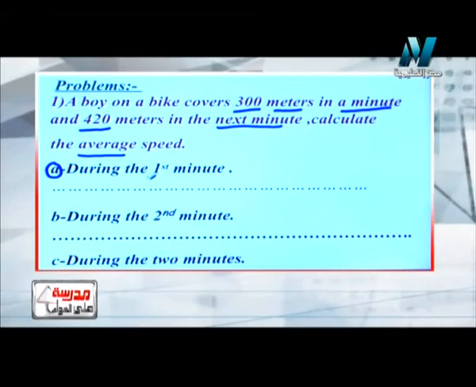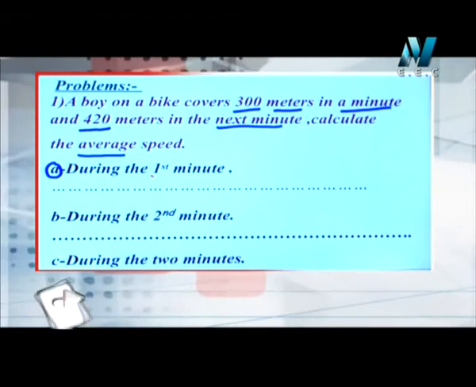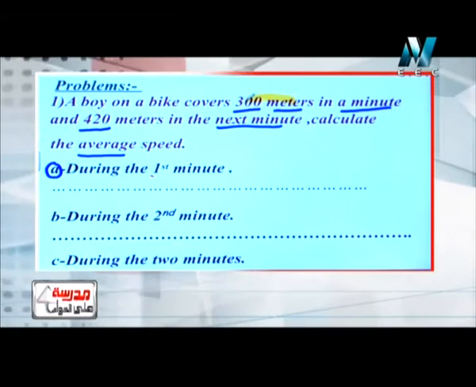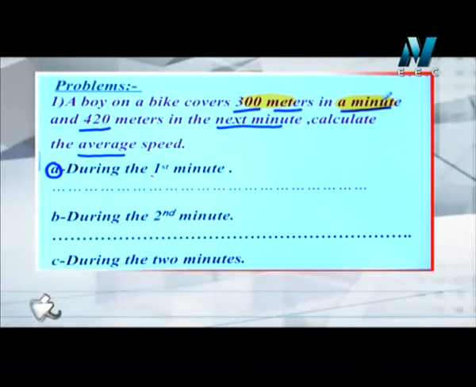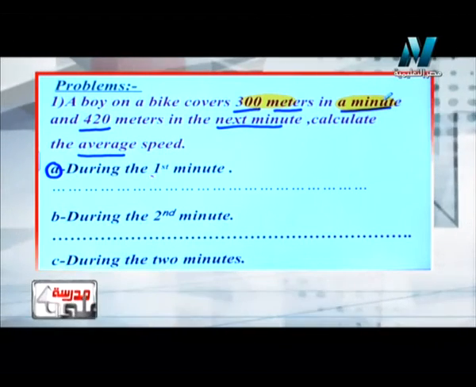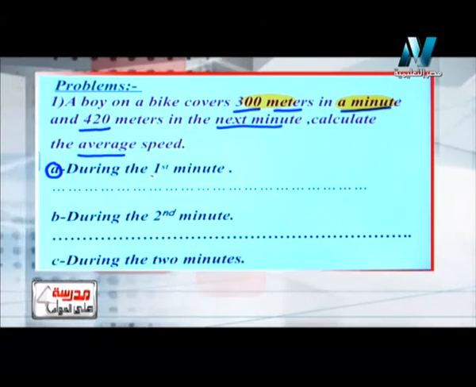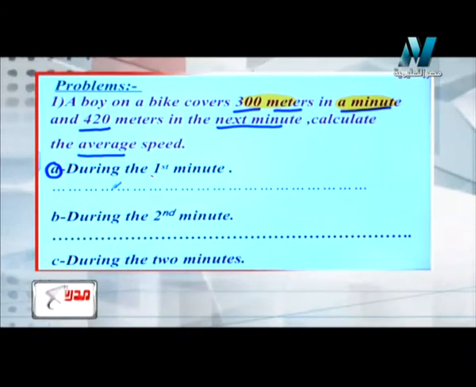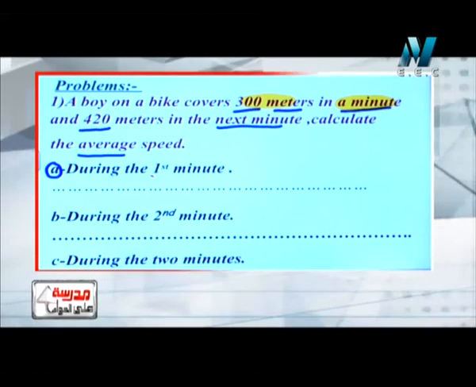So here we have two numbers: 300 meters in 1 minute, but the measuring unit of time in our curriculum is second or hour, not minute. So we should convert minute here into what?